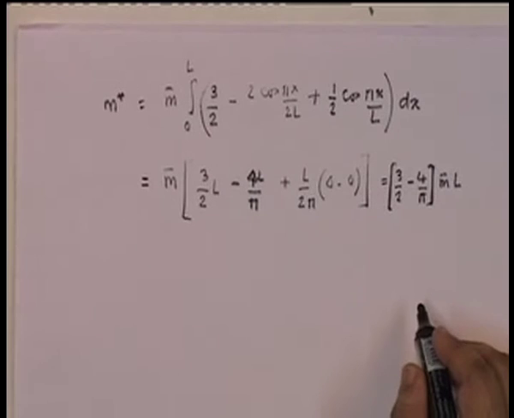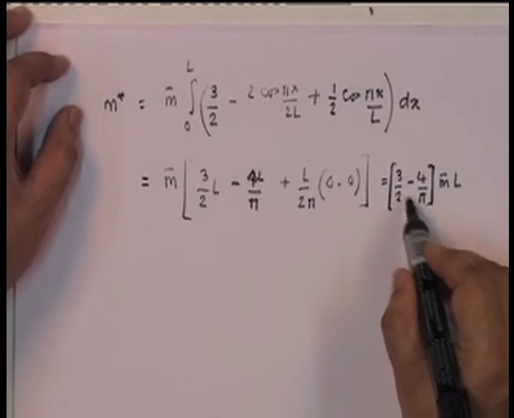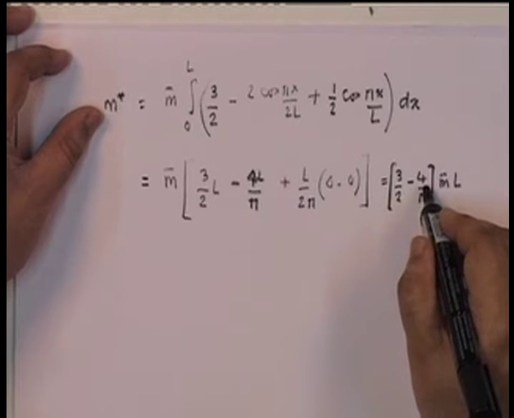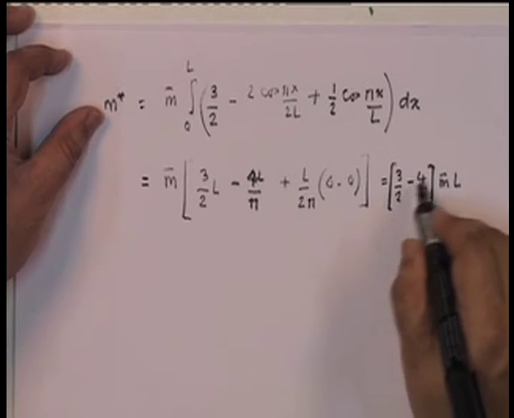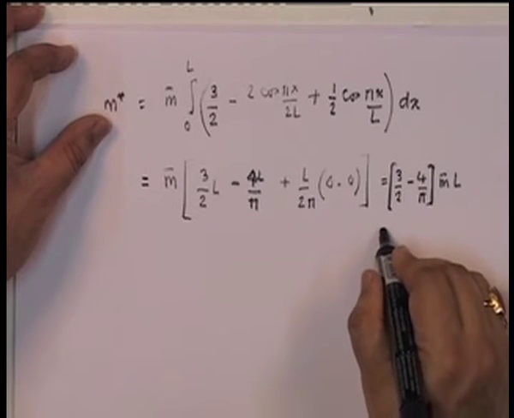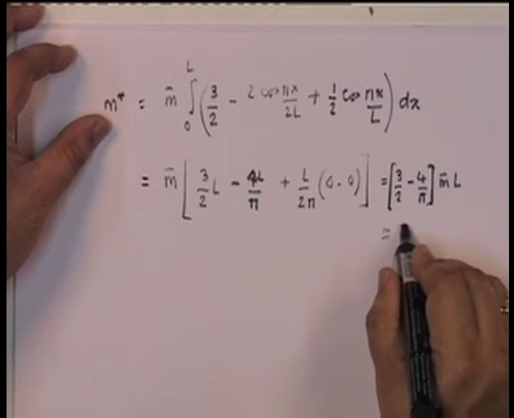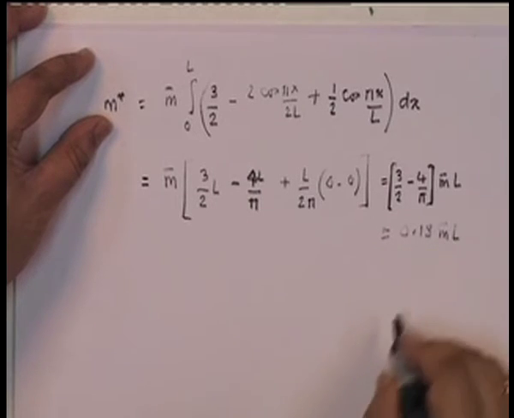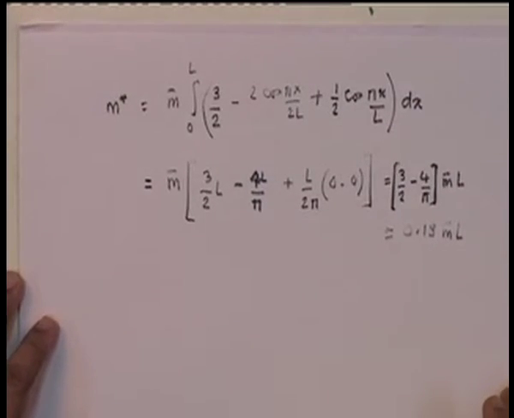We will derive this later on, but you will see that 3 by 2 minus 4 upon pi is approximately about 1.32. So, this is going to be about 0.18, so this is approximately about 0.18 m bar L. Okay. That is what you get.